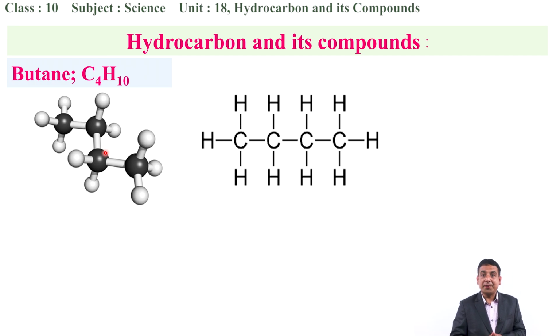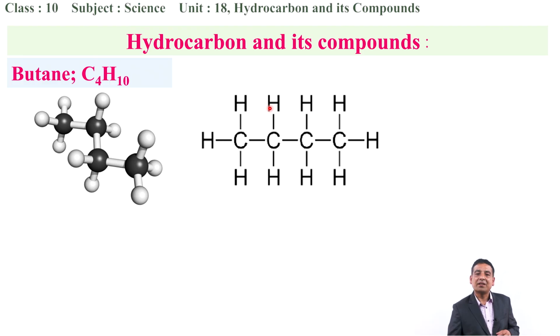If you haven't, please go through that link and you can see the previous class. In this compound butane, these black balls represent carbon, and the white balls represent what? Yes, hydrogen. And these are represented while writing the structure.